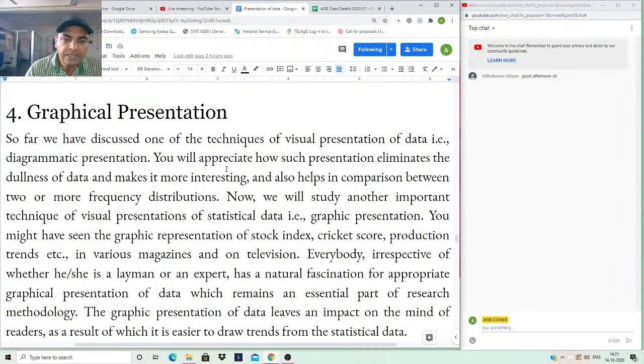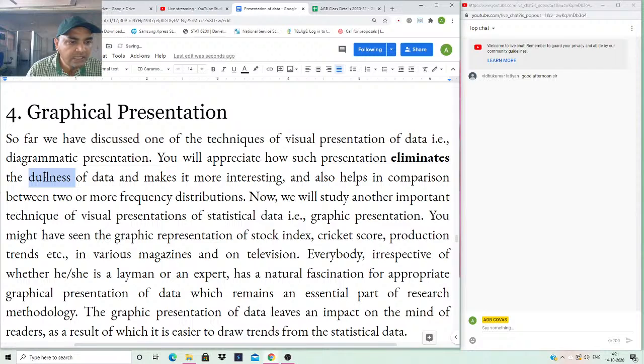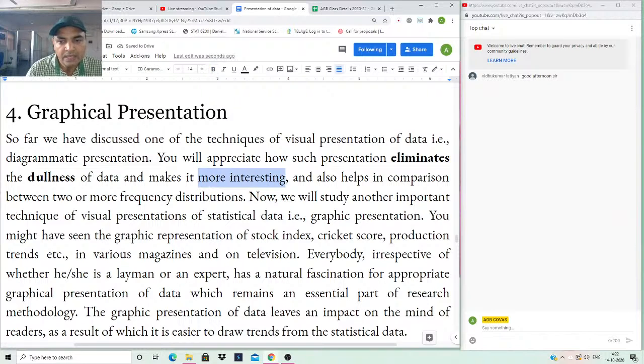You will appreciate how such presentation eliminates the dullness of the data and makes things more interesting.